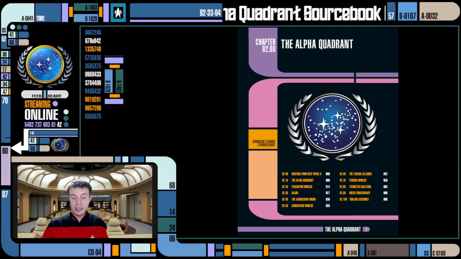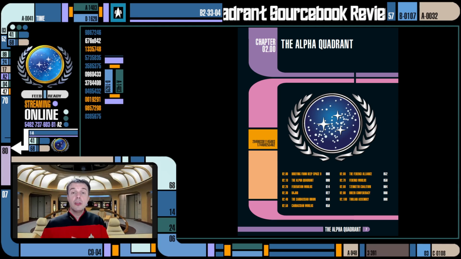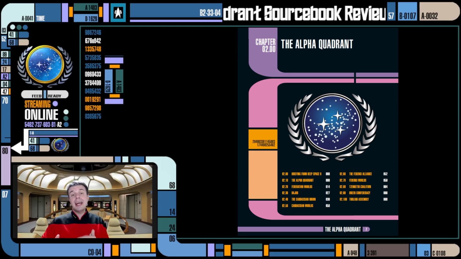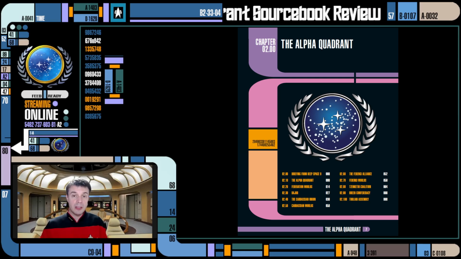This goes to 2372, which is about the 4th season of Deep Space Nine. That's when the Klingons come into the picture, the Federation Klingon War of that time, that short one before the Dominion War kicked off. So it's that time period, and that is the lens that the content of this book is going to be seen through.